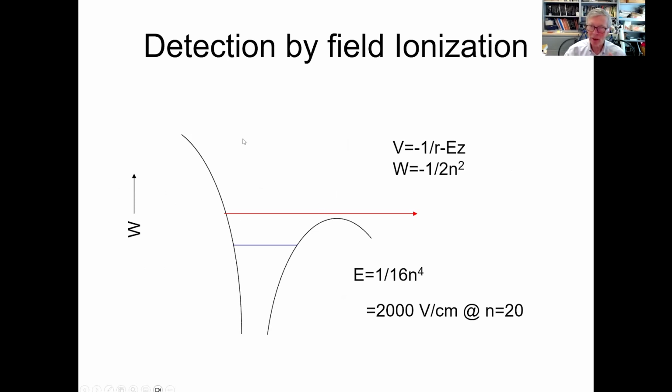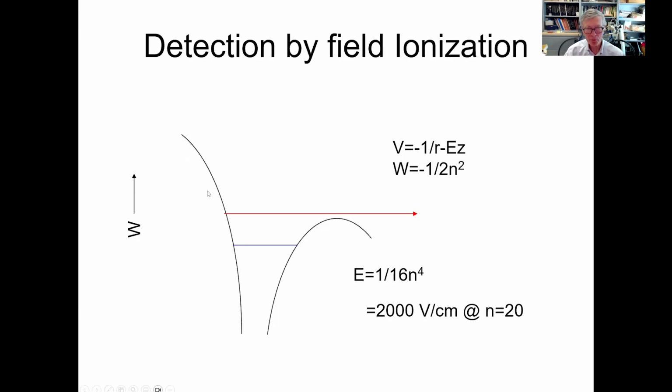Okay, so I think the best illustration of the sort of exaggerated properties of the Rydberg atoms is the way that they're detected in many experiments, or have been prior to electromagnetically induced transparency. That is to use field ionization.